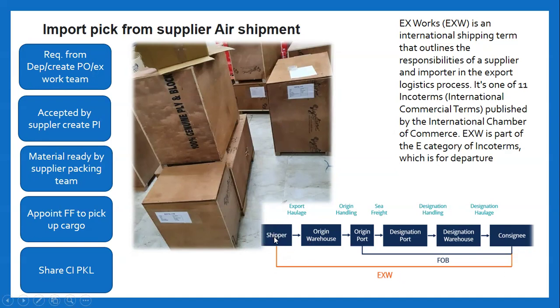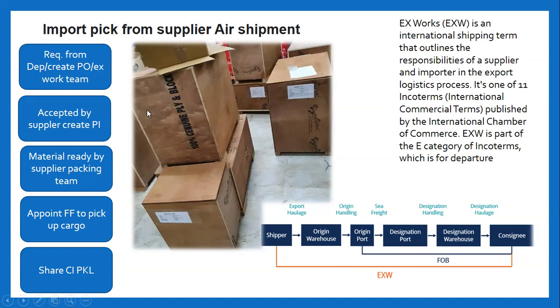All the expenses from picking the goods from the shipper to the importer's factory, all import expenses, are borne by the importer. In the case of FOB, all the expenses from the port of loading on the supplier side up to our factory are borne by the importer. So this example is Ex-works, in which we pick up the goods from overseas.